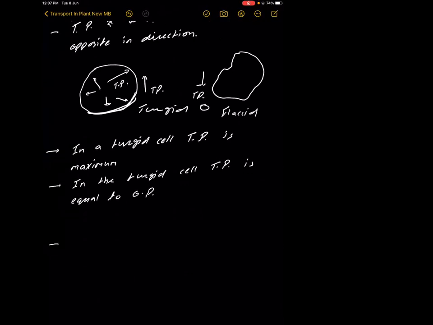On the other hand, in a flaccid cell, Tp is 0.